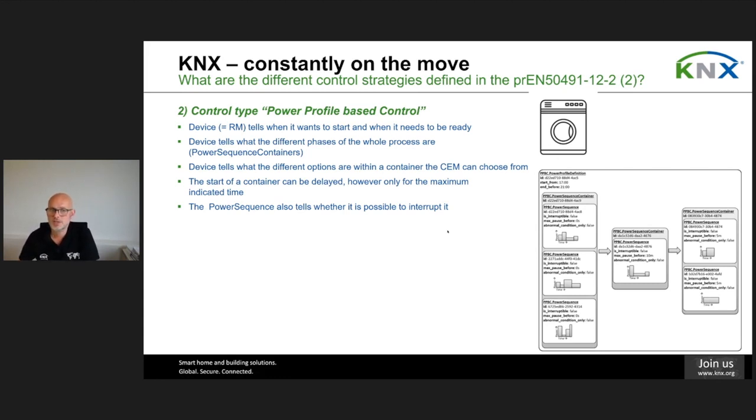And also the power sequence tells whether you can interrupt the power sequence, yes or no. For instance, during a washing program, there are phases that are not interruptible, which you need to finish before continuing with the next power sequence, which could be interruptible.